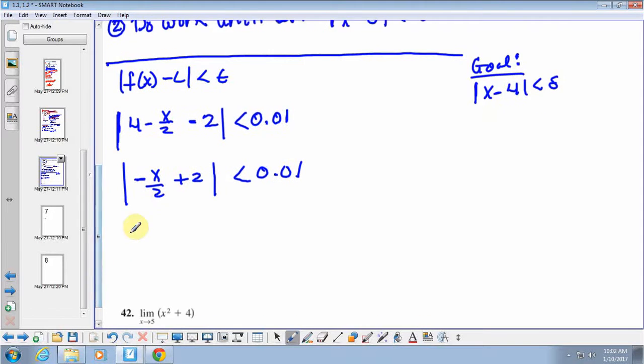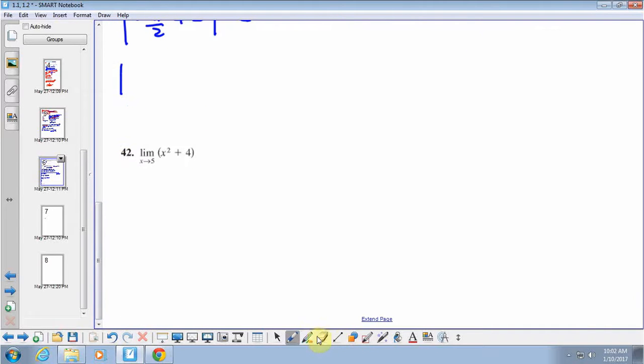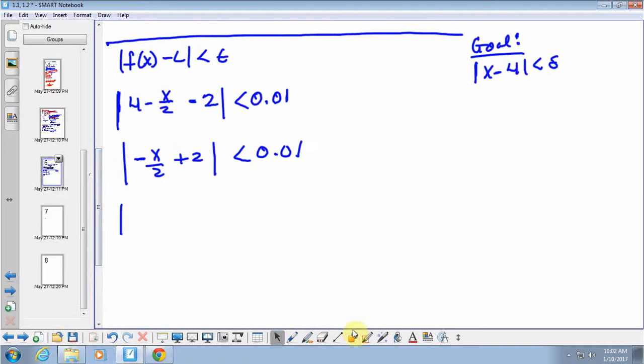What can I factor out so that I have plain old x right here? Not 2, but negative what? Negative 1/2, right? So if I factor a negative 1/2 out, I'm going to have x here. So if I factor a negative 1/2 out from this 2, I know my sign is going to change. And this ends up being what? 4. Because negative 1/2 times negative 4 is what?